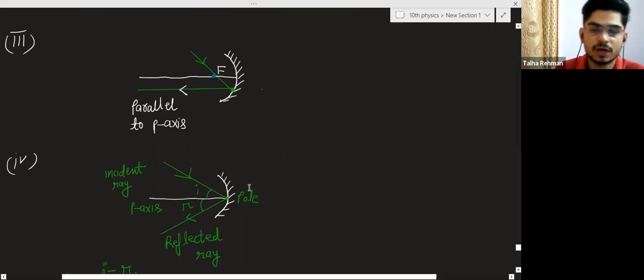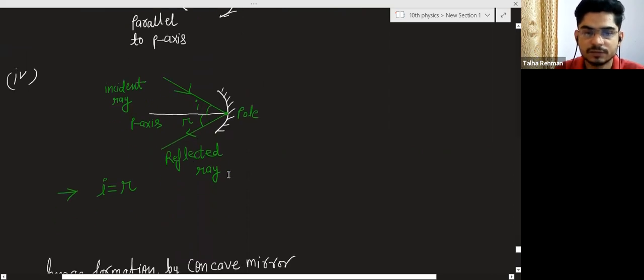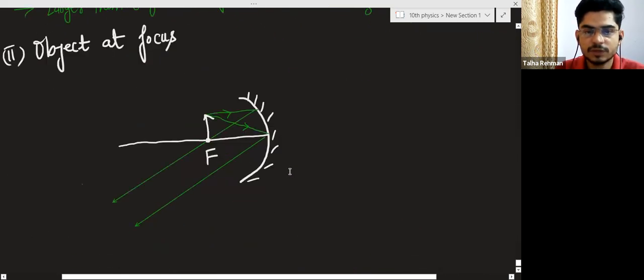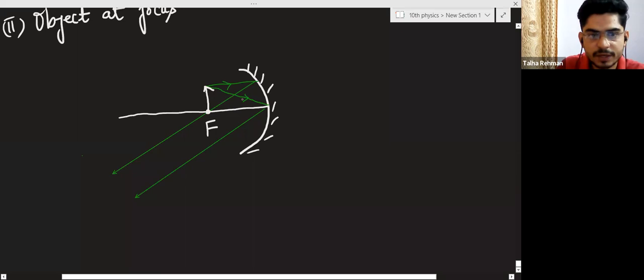Here i equals r. The light ray will go like this. Suppose this is making an angle theta. So here also this light ray will make an angle theta and will go in this direction.